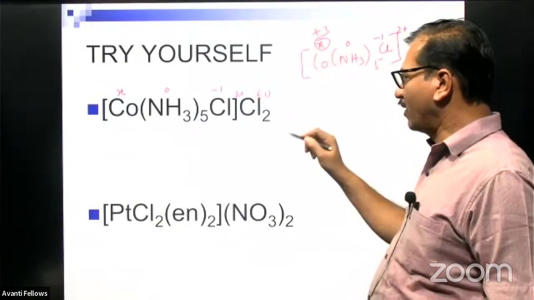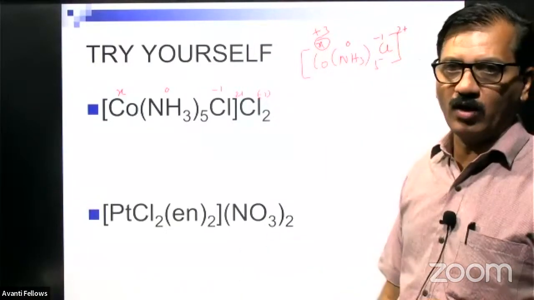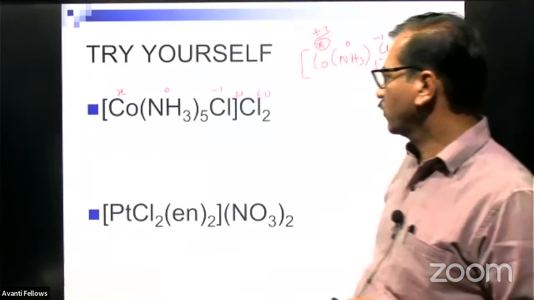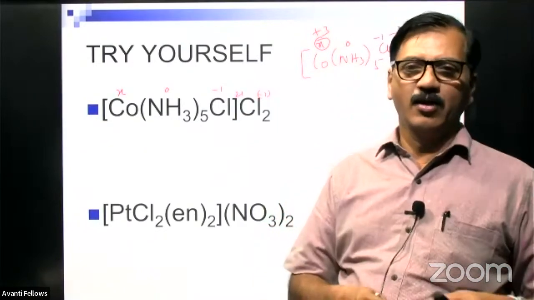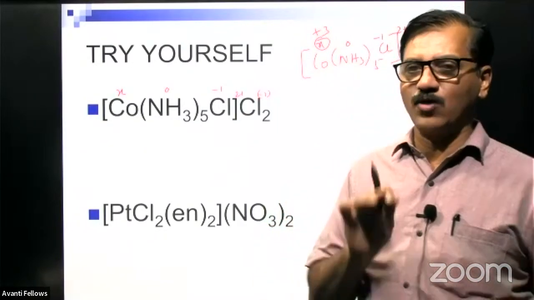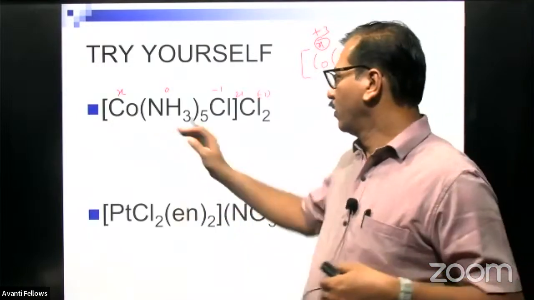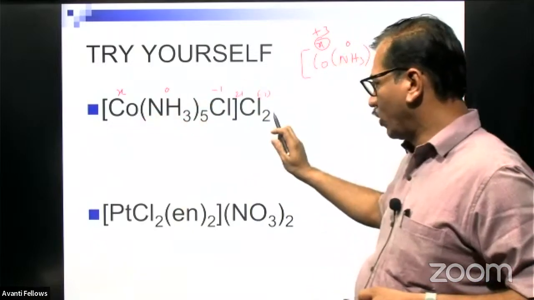So it should be written in parenthesis, cobalt 3, chloride. All these calculations are to be done to find out the oxidation number. Even a small mistake will cut the total marks. Remember that the IUPAC name should be 100% correct. So, pentaamine chlorido cobalt 3 chloride.